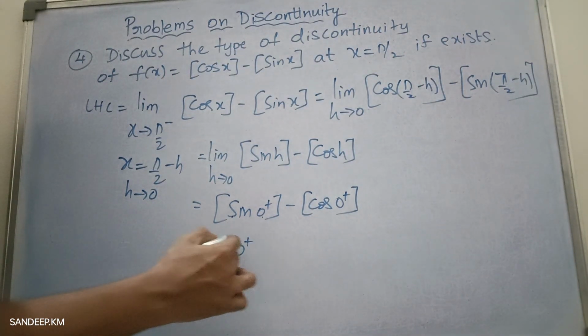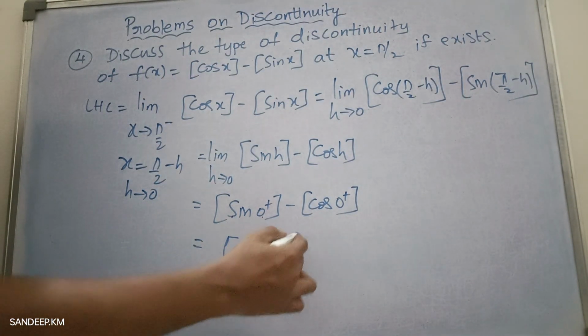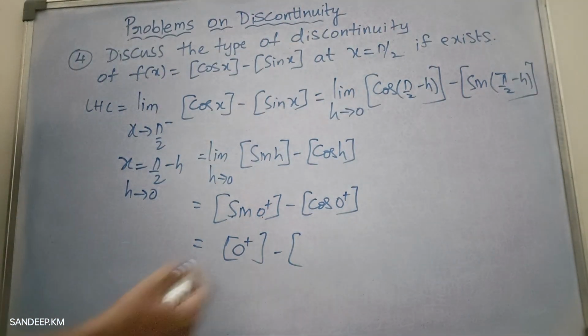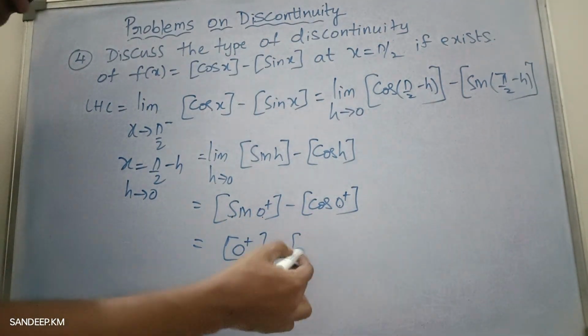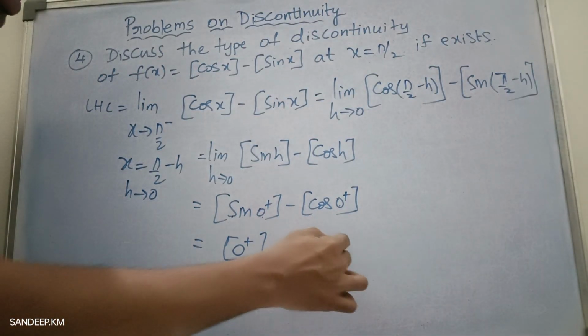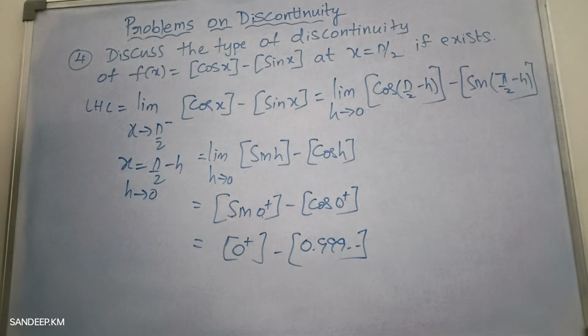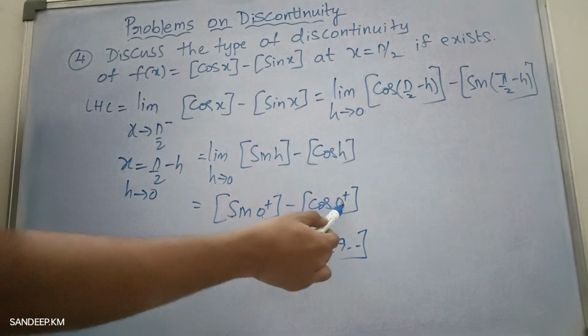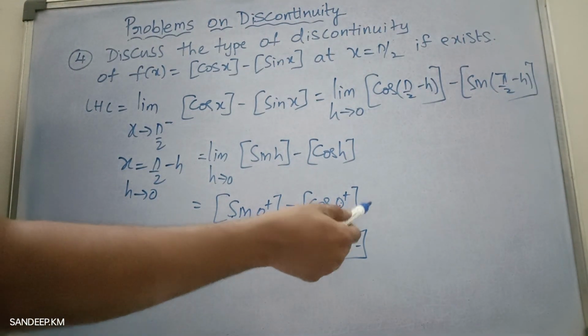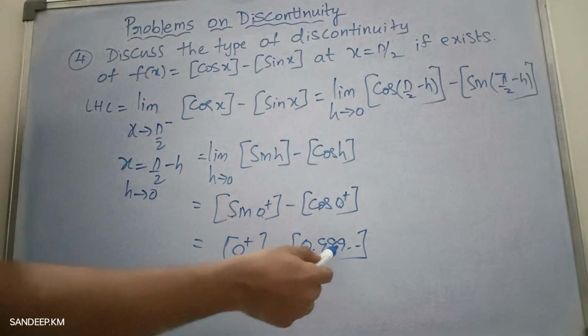Step of 0 plus minus, here cos 0 is 1, but cos of 0 point something is 0.999 and so on. If it is exactly cos 0, we could have written 1 here, but it is not exactly 0, it is 0.000 something. So the answer is 0.999 something.